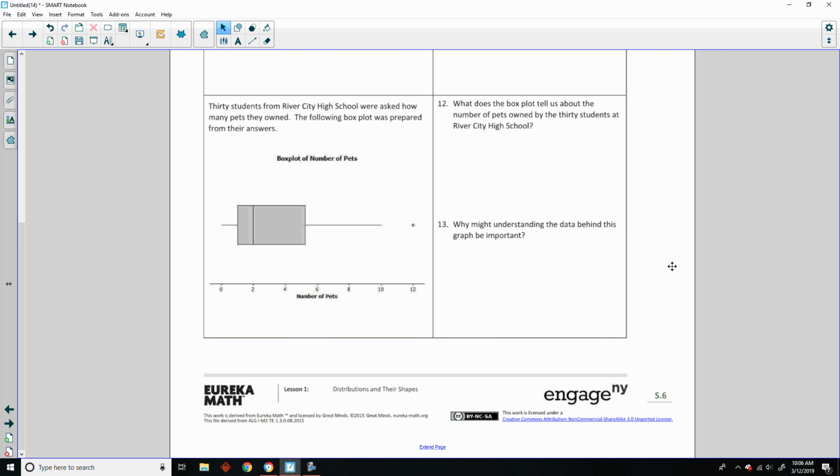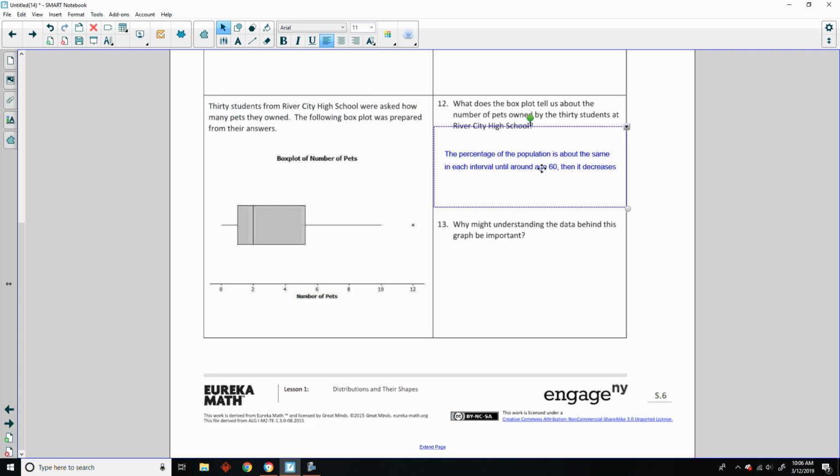30 students from River City High School were asked how many pets they owned. The following box plot was prepared for their answers. What does the box plot tell us about the number of pets owned by the 30 students at River City High? Okay, I'm just going to copy over my answer from before just so I can change it easily.